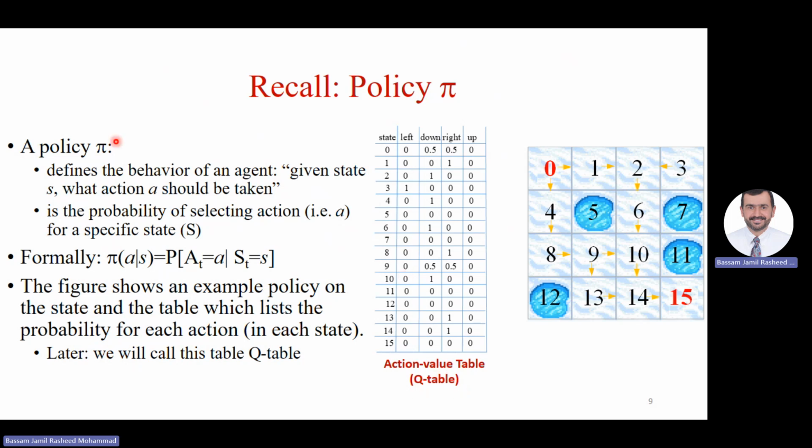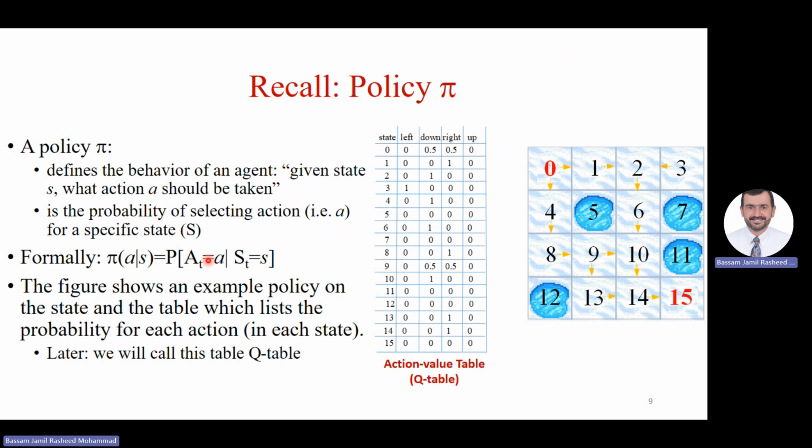Now, a policy defines the behavior of an agent given the state S and what action it should take. Okay, so basically here we have probabilities of taking an action. So when we say the policy pi says the probability of taking this action is 0.5, it means if I am in state 0, then the probability of taking action, for example, down is 0.5.